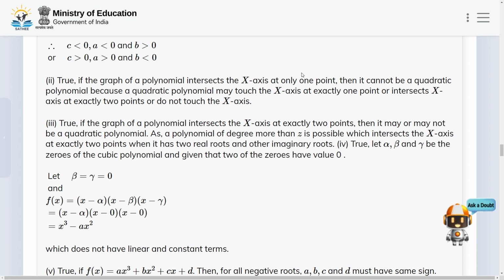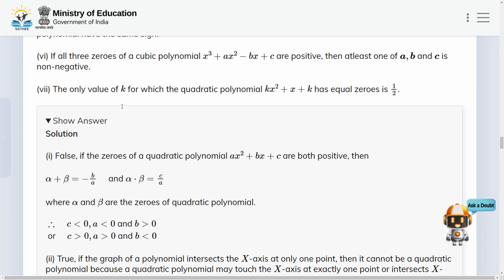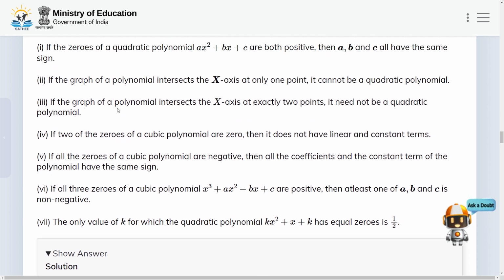This statement is actually a true statement, because a quadratic polynomial may touch the x-axis at exactly one point, or may intersect the x-axis at exactly 2 points, but do not touch the x-axis. So that is why this statement is a true statement. And now let us see the next statement.